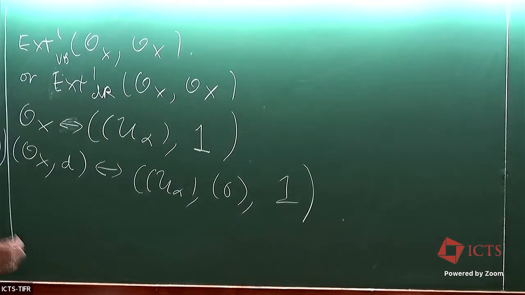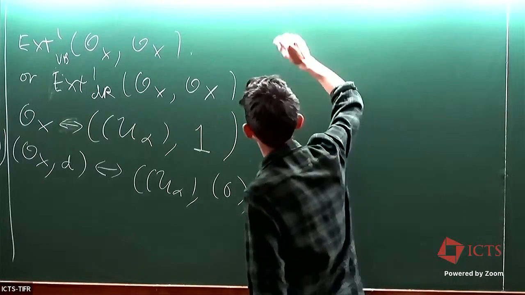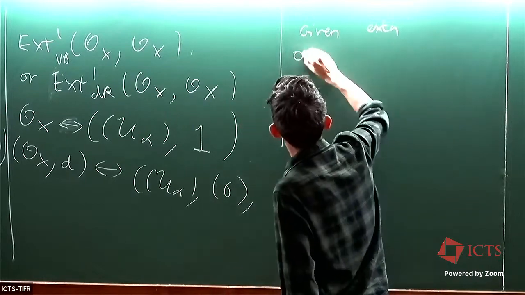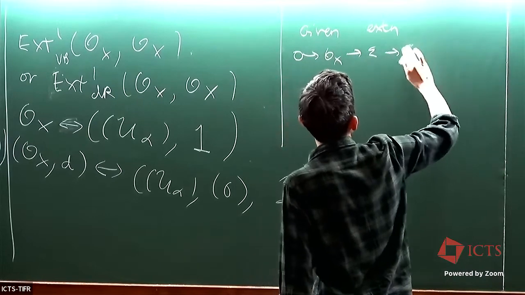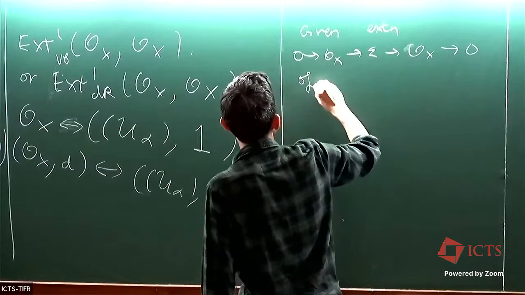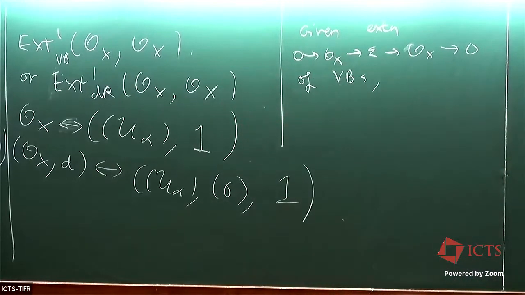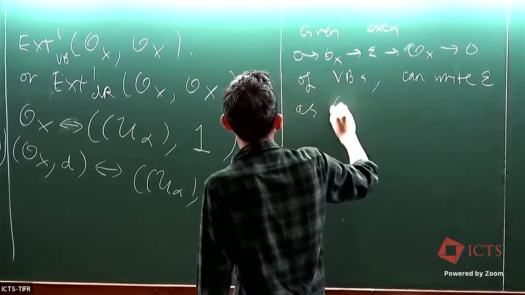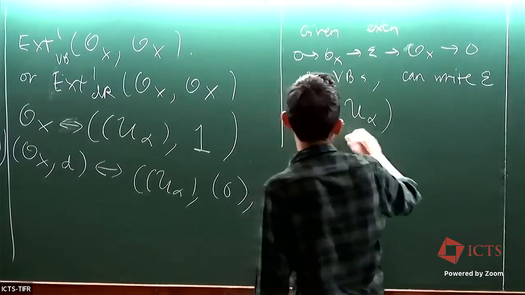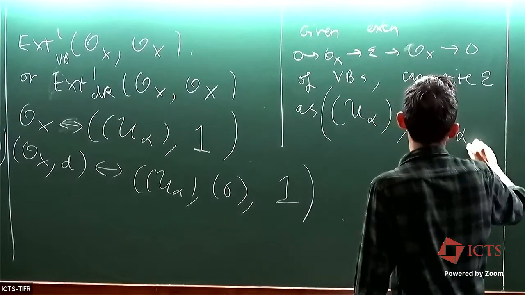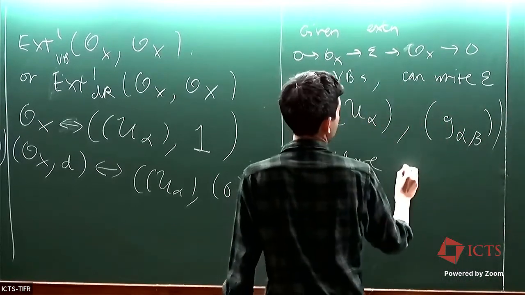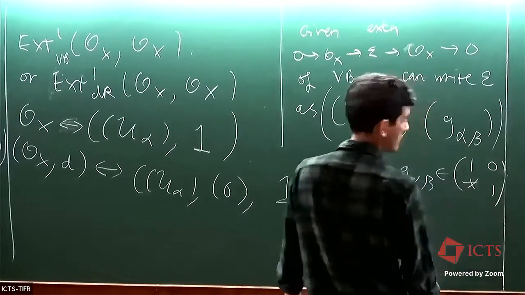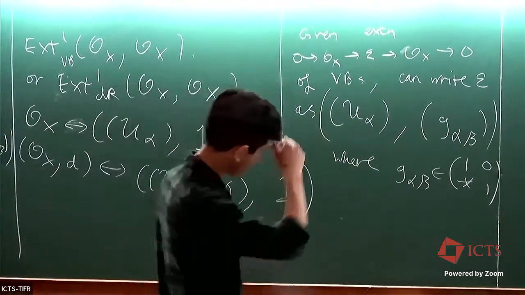And so that means that if we have an extension, so let's say an extension of vector bundles, we can write E as U_alpha, g_alpha beta, where the g_alpha beta are now of the form (1, 0; 0, 1) with a star.